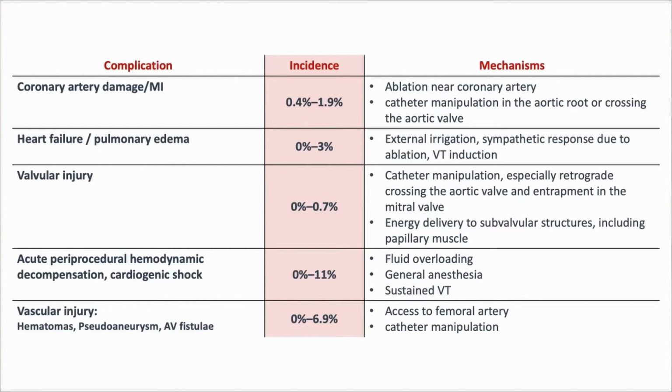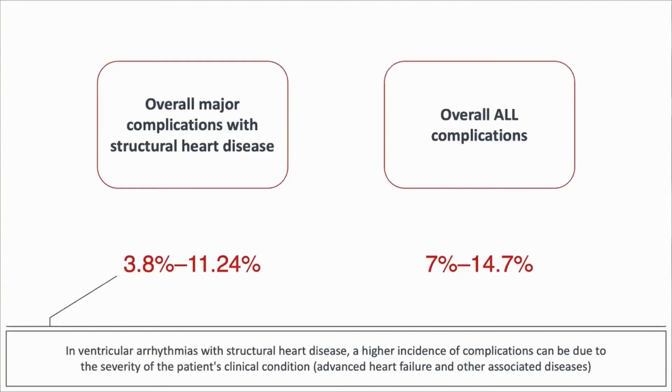catheter manipulations. A large group are vascular complications, which are related to multiple vascular access and often retrograde approach using the femoral artery, up to 6.9%. Overall major complications with structural heart disease in ventricular tachycardia ablations is in a range of 3.8 to 11%, and overall all complications between 7 and 13%.